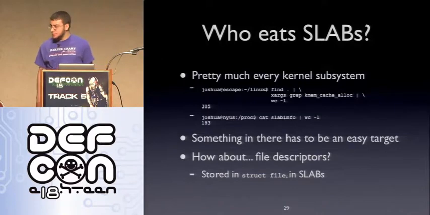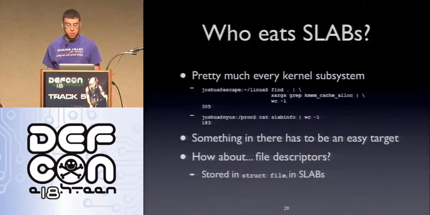And as it turns out, on my machine sitting back in my dorm room at school, there are 183 different types of slabs. Well, with any luck, one of those is going to be an easy target. I'm going to pick completely randomly something that just so happens to work.